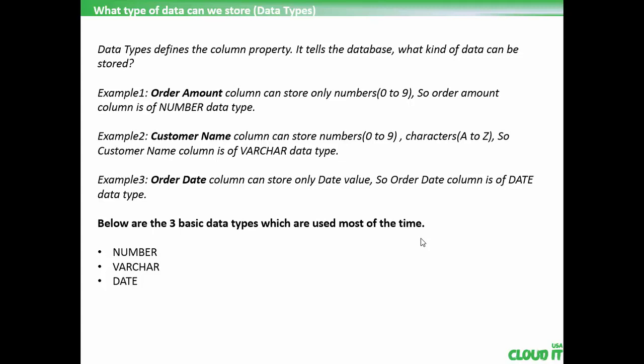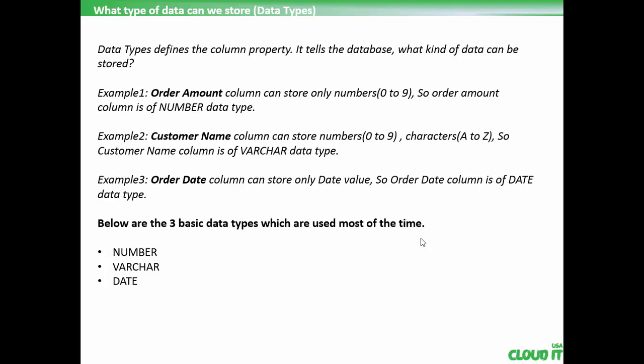But before you store any kind of data in a database, you need to clearly define the rules on where a particular type of data is stored. Example, if we are creating a table and we are creating the columns, each column should have a data type.